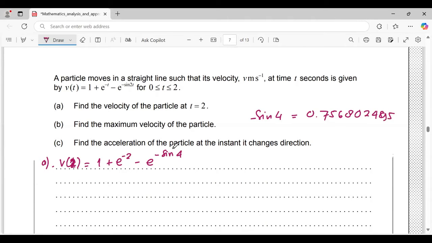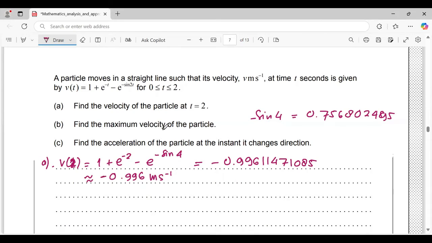If you calculate this on your calculator, you're going to find the result minus 0.99611471085. And approximately it becomes minus 0.996 meter per second.